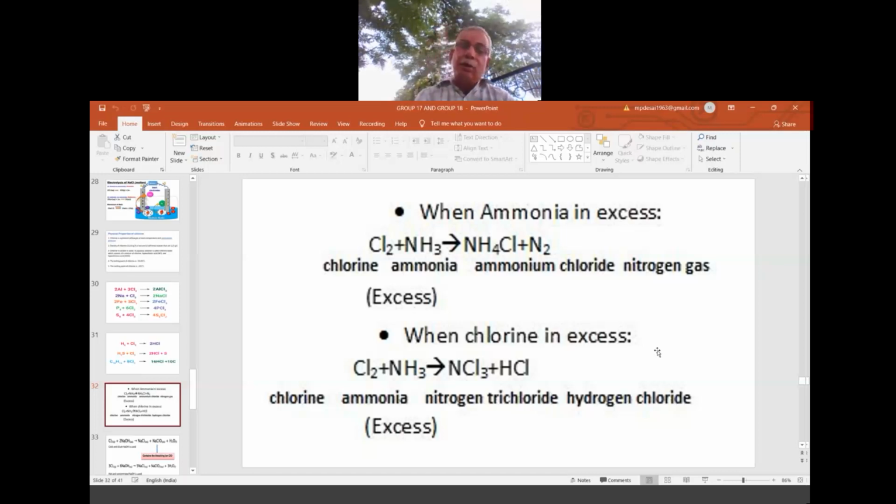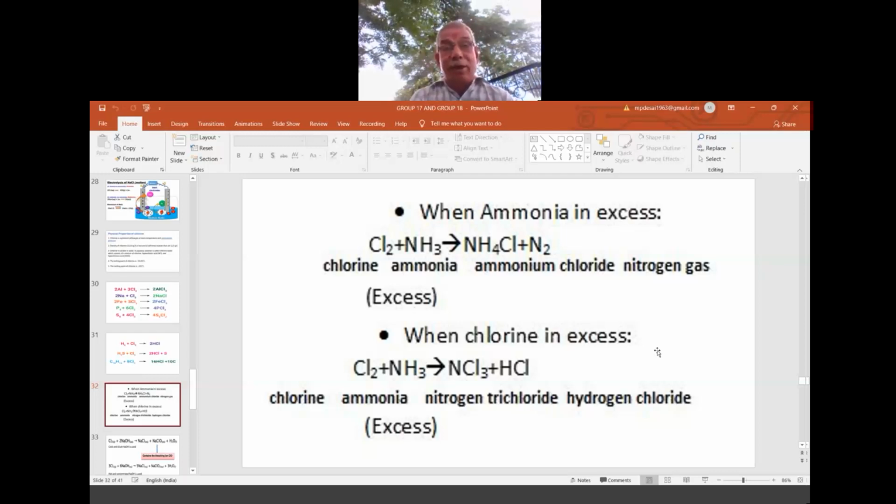So chlorine and ammonia react. The only thing is which one is in excess, that matters, and they will control it. There are chemist people working under controlled reaction conditions to get the desired product. They will design, they are called designers, like how we design clothes, the fashion designers. So they are called chemical designers.